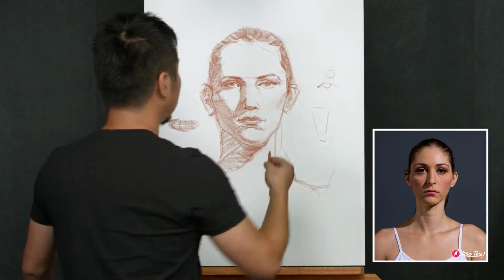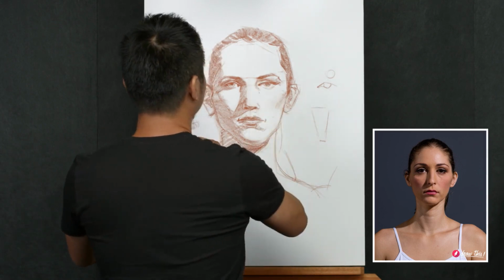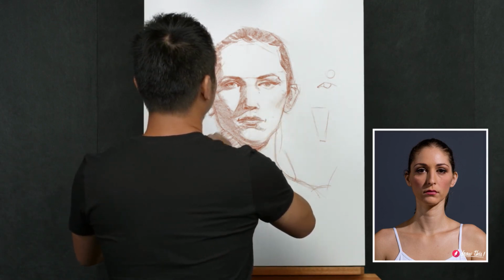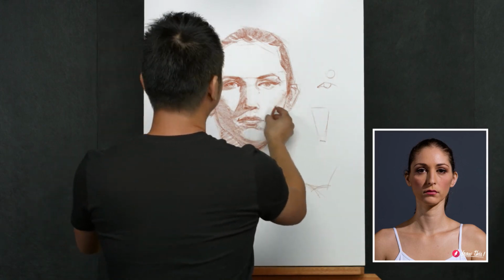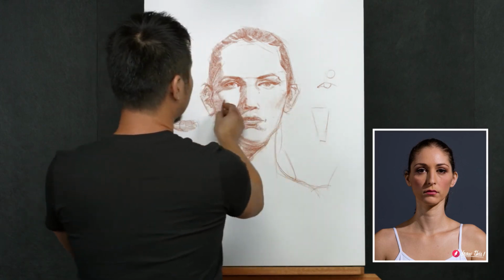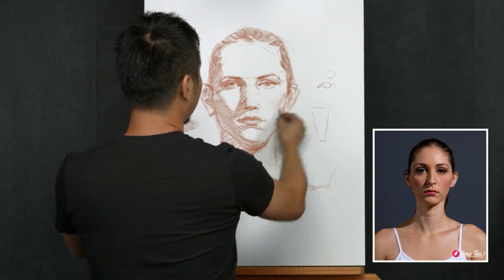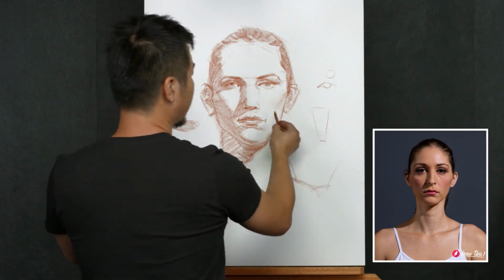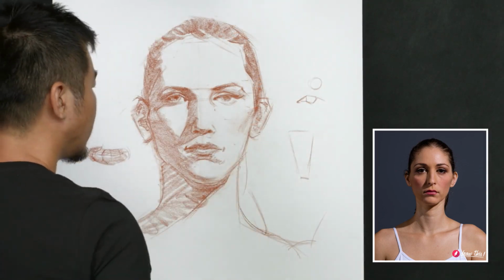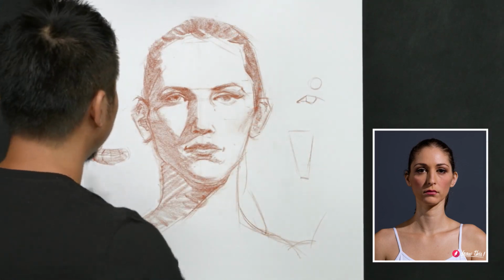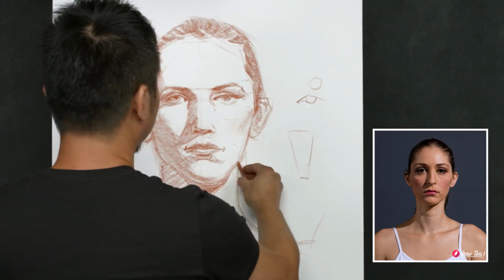Okay. I'm thinking, okay, so you can see if I get back to the structures, here's the top of the cheek. Here's the side. You can see from the reference the side gets a little bit darker.